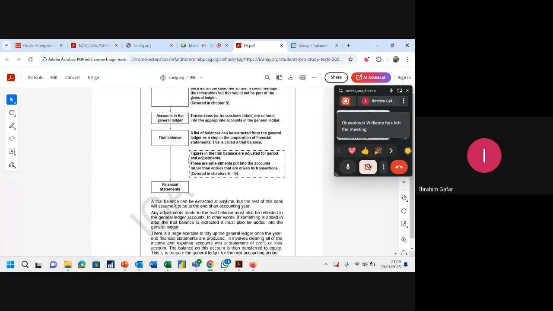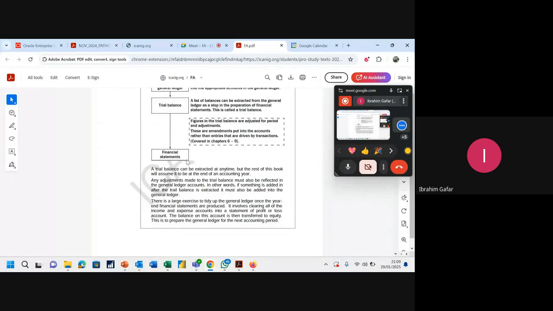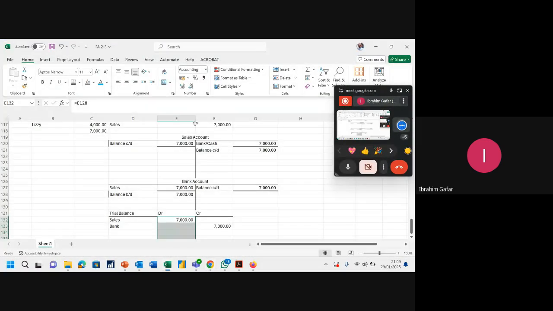Then we now have the trial balance, which translates into your financial statements. What do we mean by that? Your trial balance is what you use to build your financial statements. For instance, we have balance sheets, we have profit or loss.